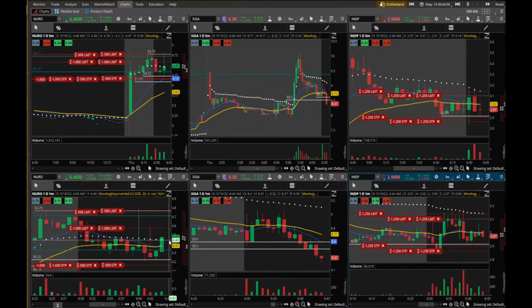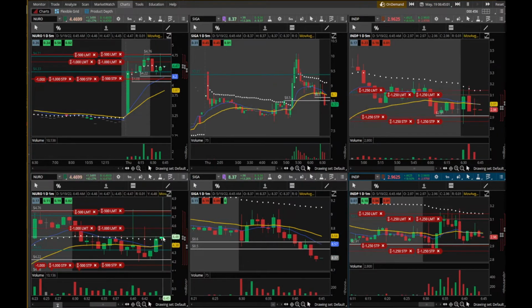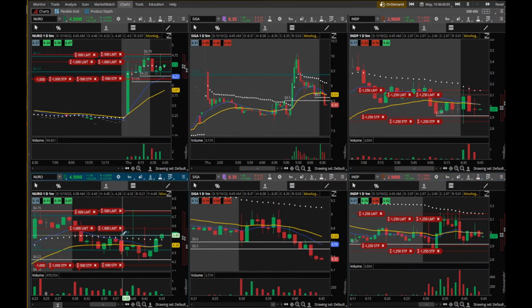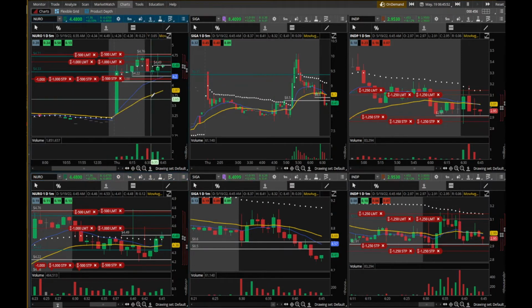I wonder if Nero can get back above the VWAP here, and back through 450. Remember, it got rejected at 450 before. Nero bouncing off of that support for the moment. So far on the 5-minute, we're holding the daily support.